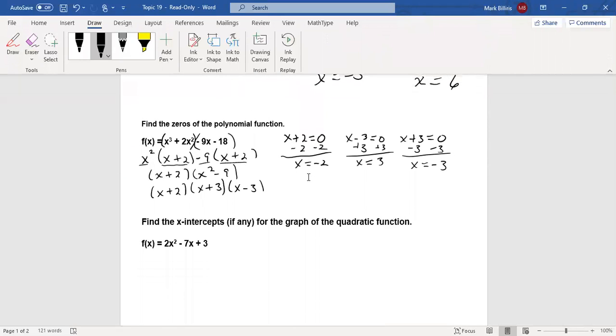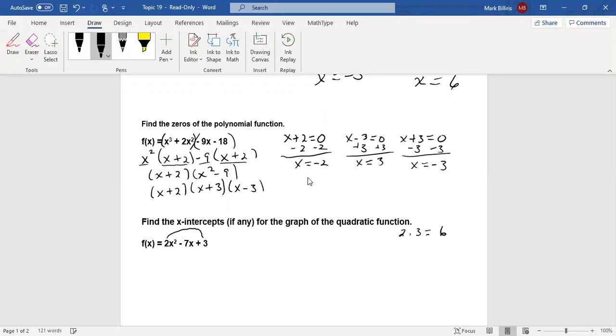Our next example asks us to find the x-intercepts for the graph of the quadratic function. So in this case, again, zeros and x-intercepts, we need to make sure that we factor. So 2x squared minus 7x plus 3, we need to factor using the AC method. To review the AC method, I'm going to take the 2 and multiply it times the positive 3.